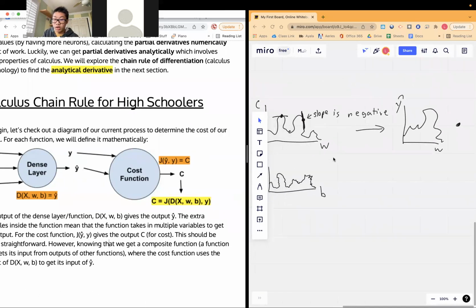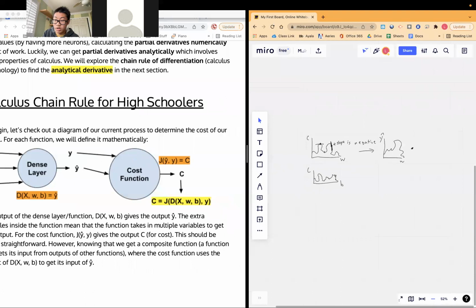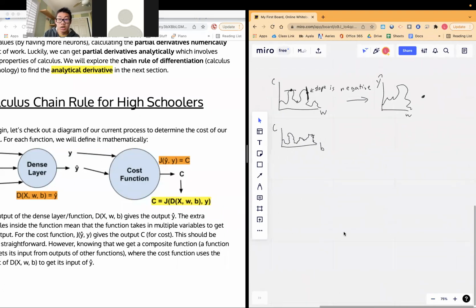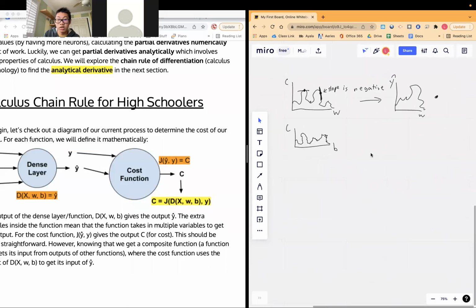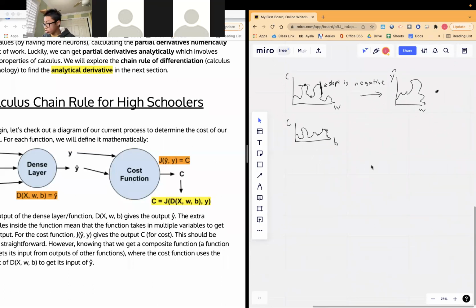Let me zoom out. How do you zoom out? Oh shoot, that's too much. Okay, so you multiply this by the y hat over here, and then the cost is over here. And that's what the chain rule tells us, right?